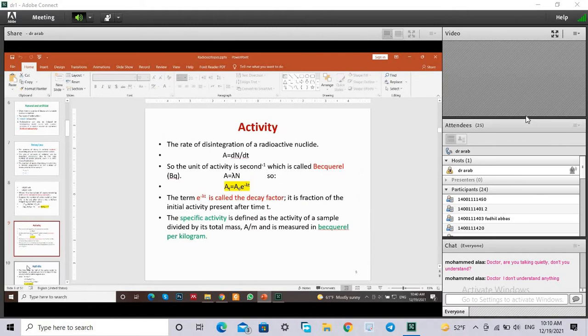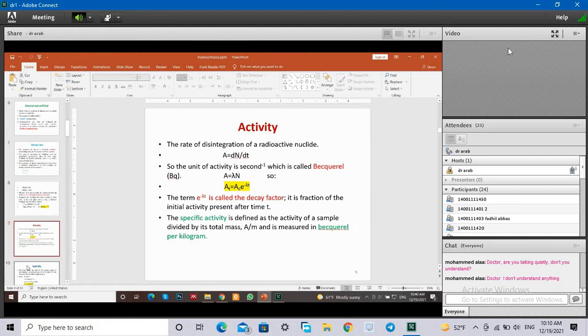Okay, another component that is very important after knowing the number of radioactive nuclei after passing time t is activity. The activity concept is the rate of disintegration of radioactive nuclei, and it is equal to minus the derivative of N with respect to time.